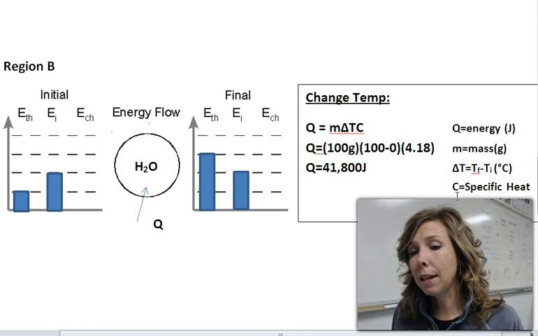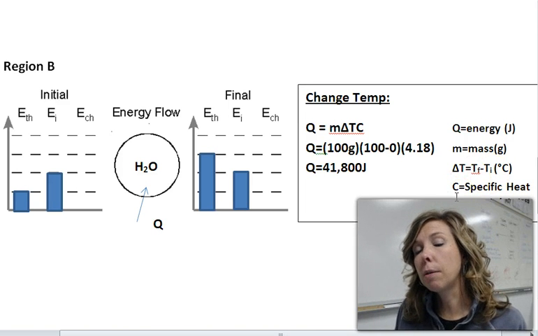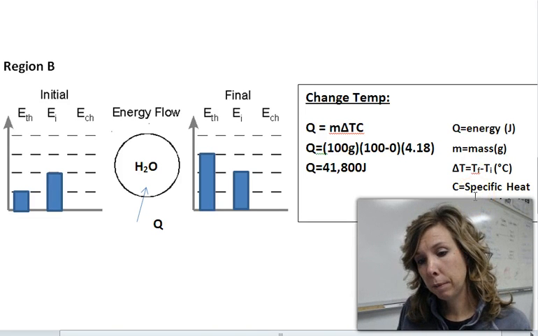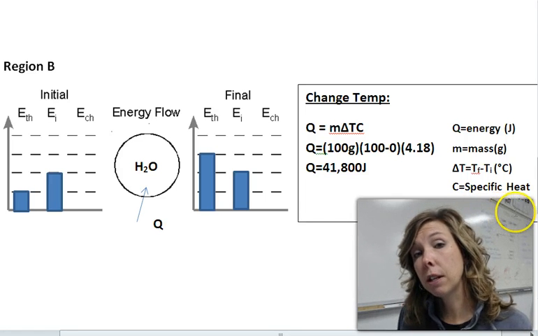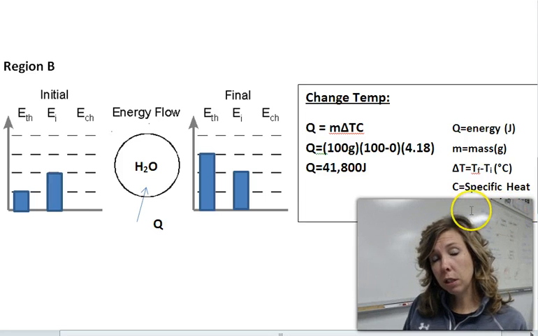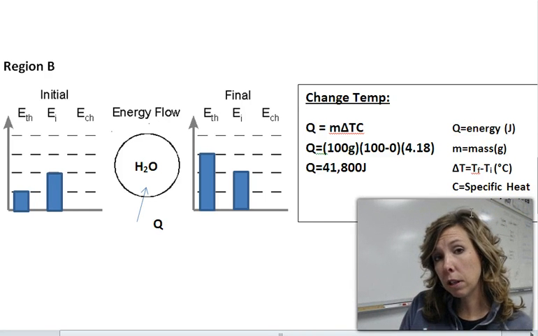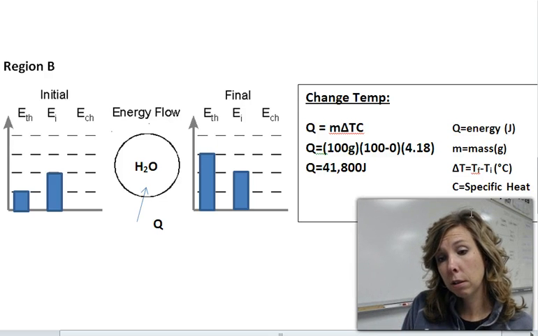The last one, C, is another very unique value for all substances. This time it's called specific heat. Every substance has a different specific heat. And the units you'll see are joules per gram degrees Celsius. And what this value is, it tells you how much energy it takes to change 1 gram of a substance 1 degree Celsius.